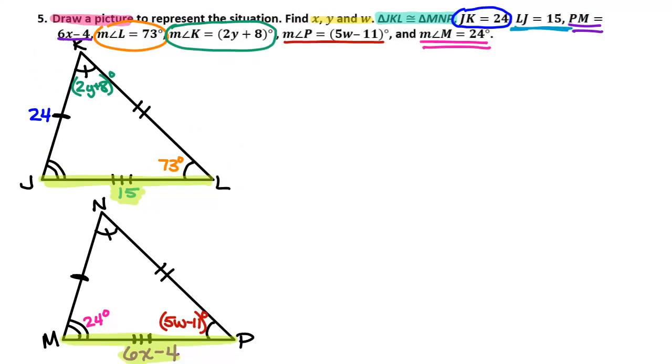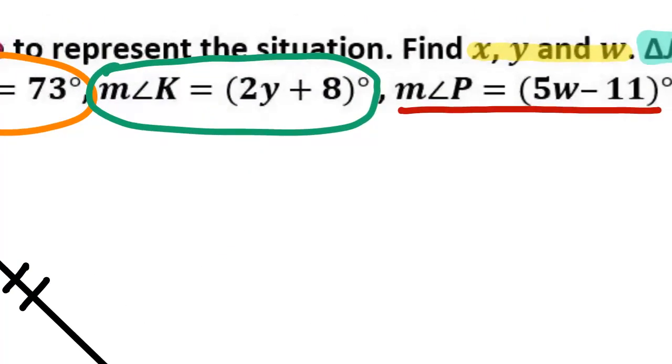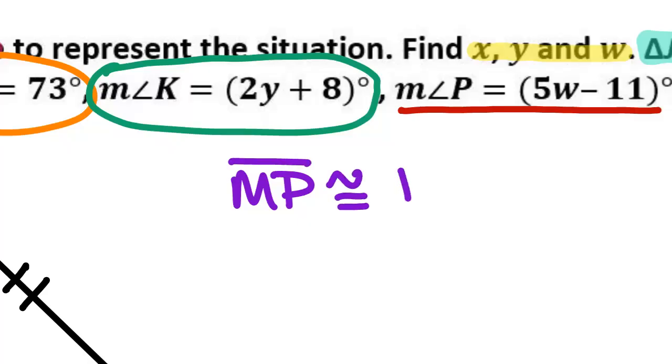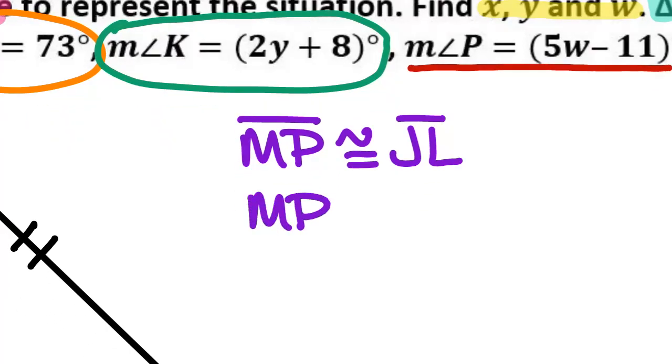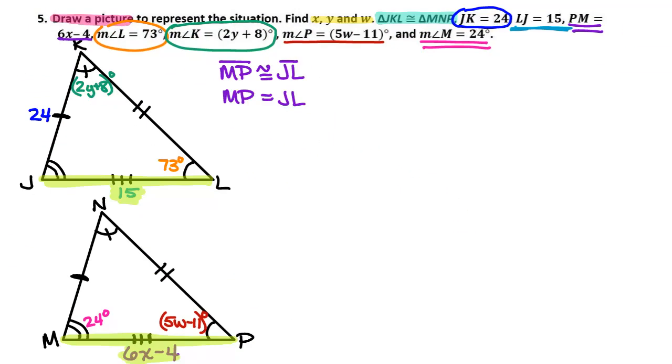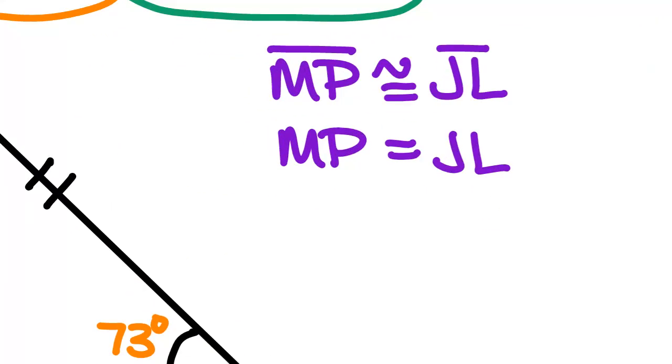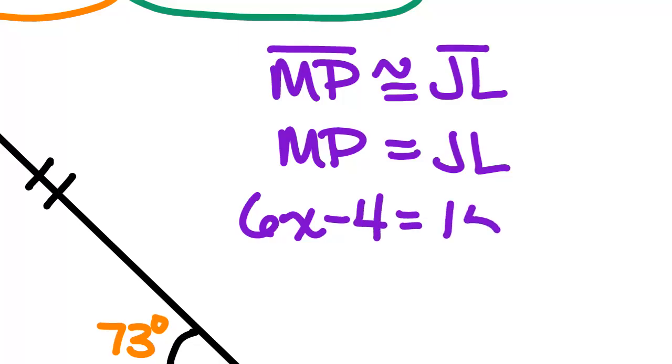Absolutely. Okay, so we have that segment MP is congruent to segment JL. So the length of segment MP is equal to the length of segment JL. So 6x minus 4 is equal to 15.